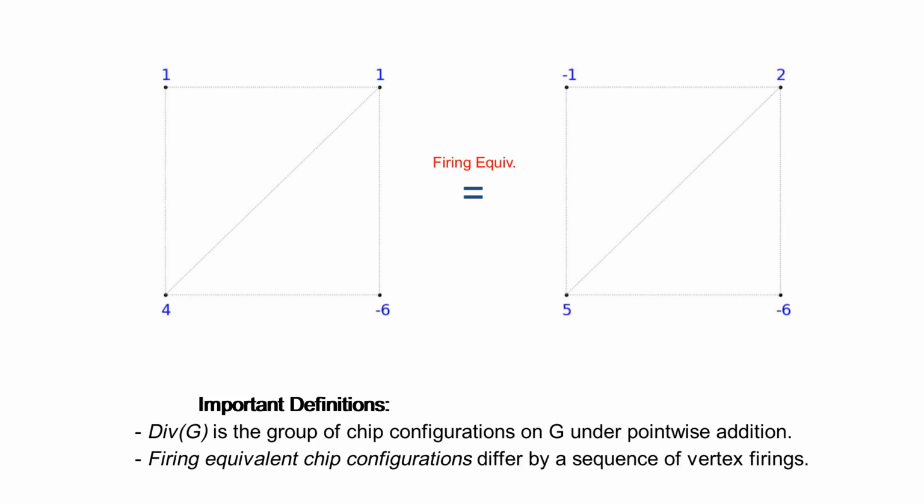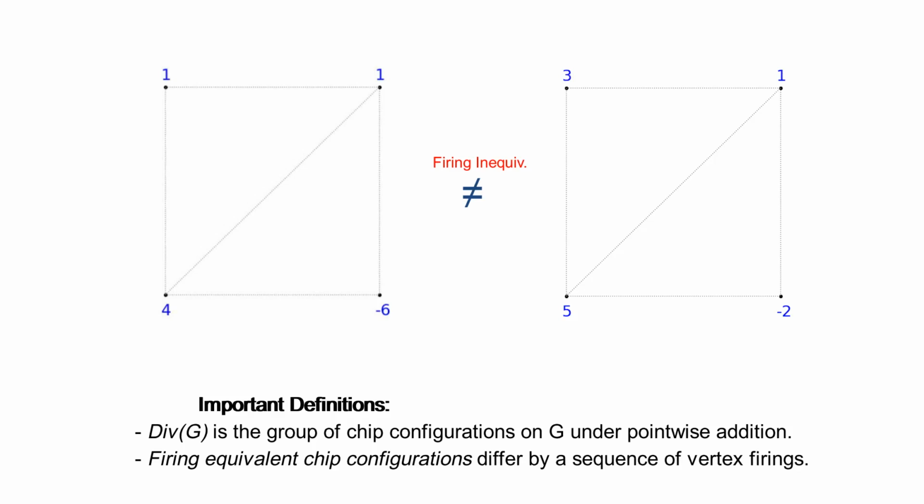This definition motivates a natural question. Which chip configurations are firing equivalent to a given chip configuration? See if you can think of a chip configuration that is definitely not equivalent to the one on the left. The simplest answer I can think of is any configuration with a different total number of chips.